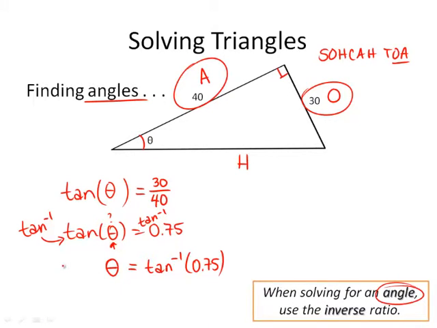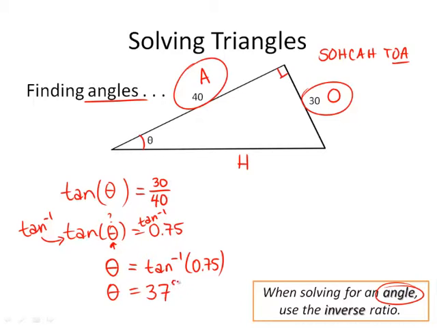So type that into your calculator. Somehow you need to access the inverse. Usually it's using the second function tab. It's usually right above the tan button. So tan inverse of 0.75 is approximately 36.9 degrees.